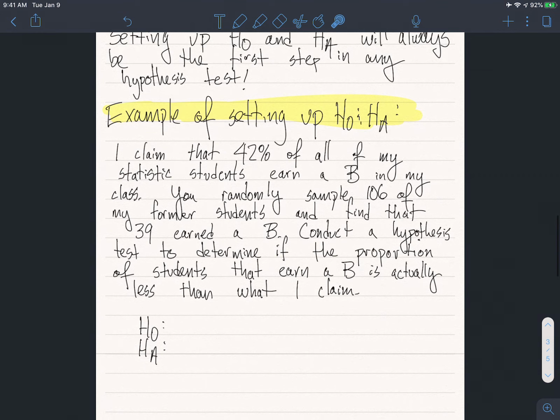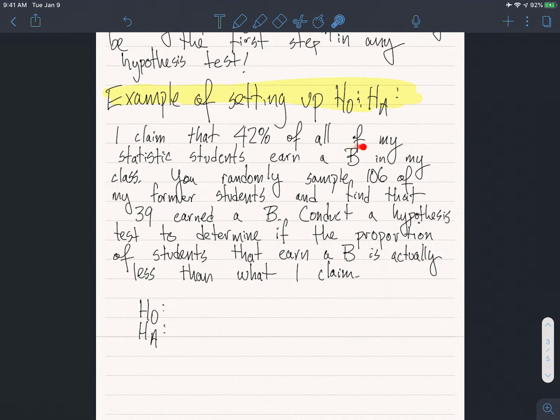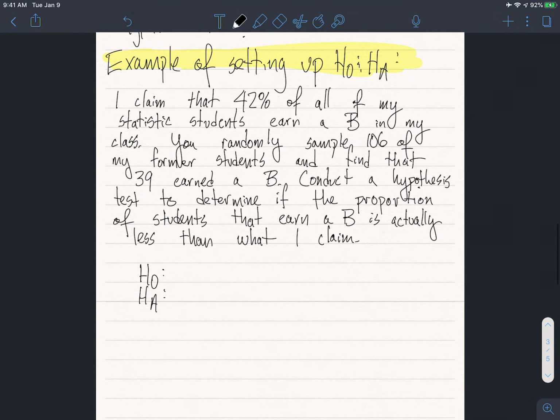So what did I claim in this? Well, I claimed that 42% of my students earn a B. So, in other words, my null hypothesis is that the proportion of B's is 42%, right? That is what I claimed.